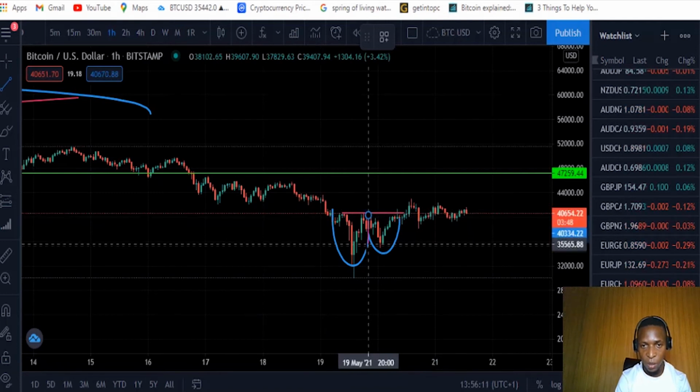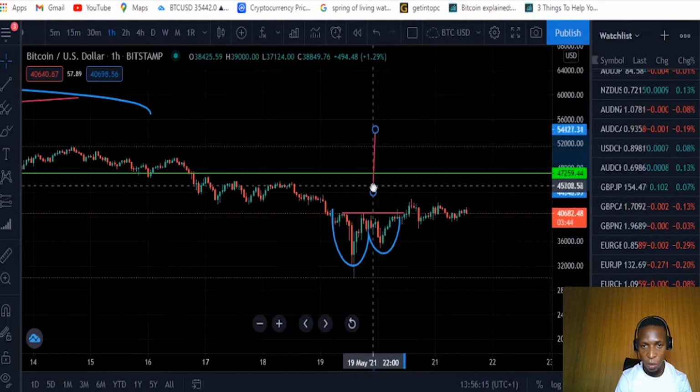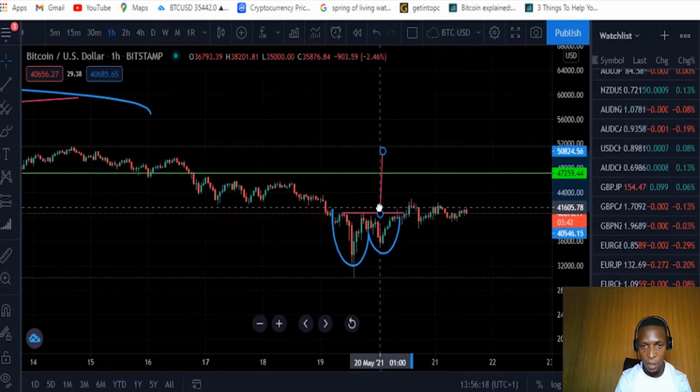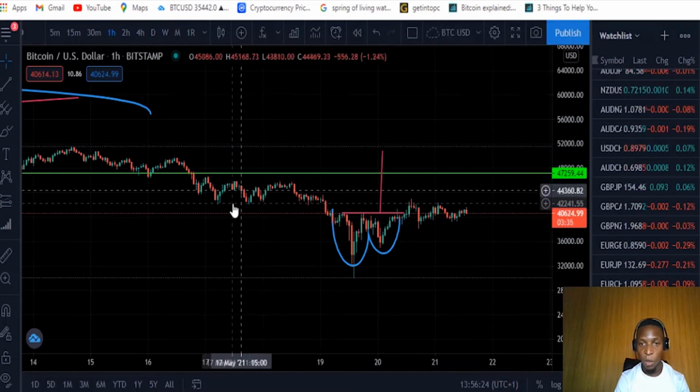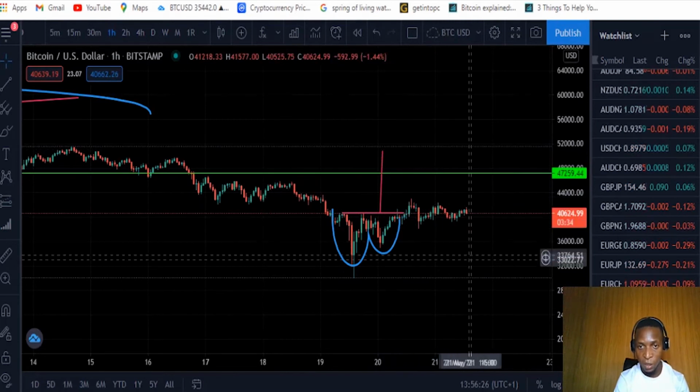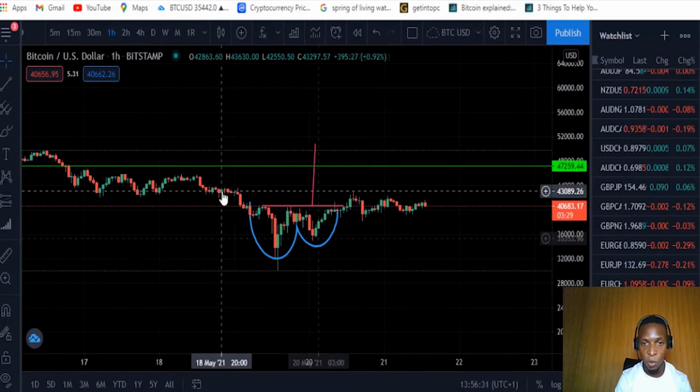Let's look at the movements from here, hoping that it will take the price to $48,000, $50,000, $51,000, but it actually broke upward, but it came back. So let's hope that it will continue.